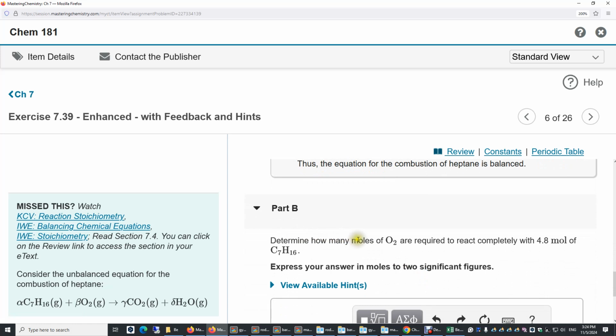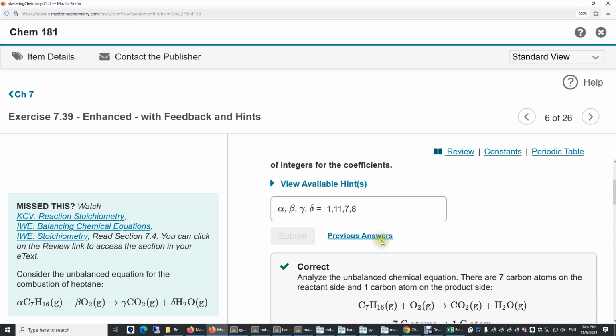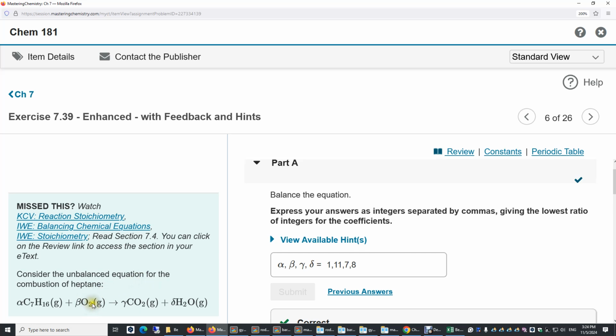Determine how many moles of O2 are required to react completely with 4.8 moles of heptane, carbon 7, hydrogen 16. So if we have 4.8 moles of heptane, how many moles of O2 do we need?